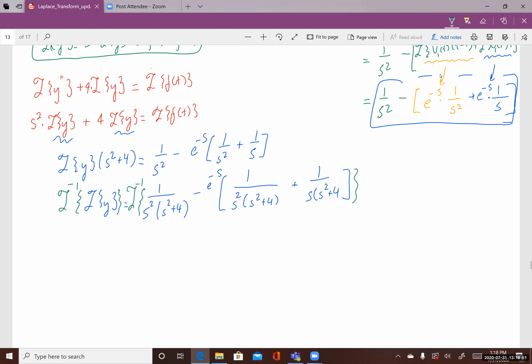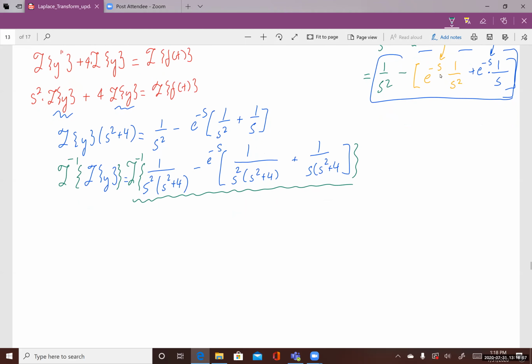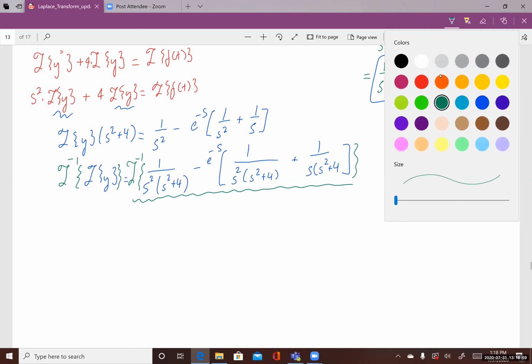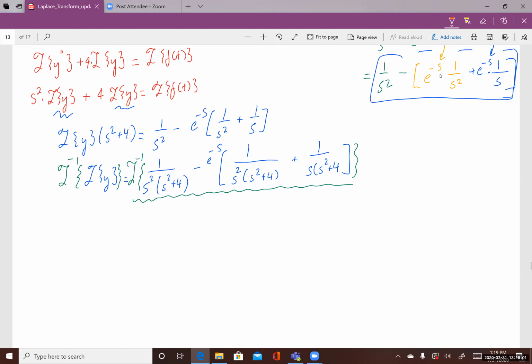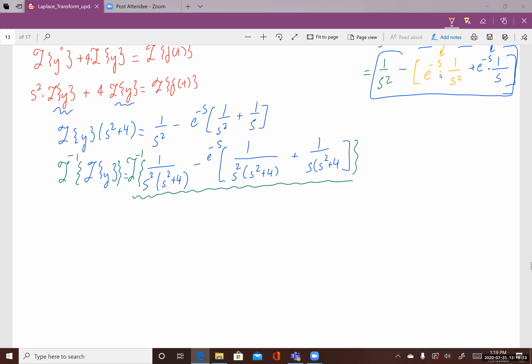And this is the goal right now, finding the inverse of this Laplace transform. Well, this is just the functions, and this should involve a unit step function because we have e to the negative s here. Let's figure this one out.